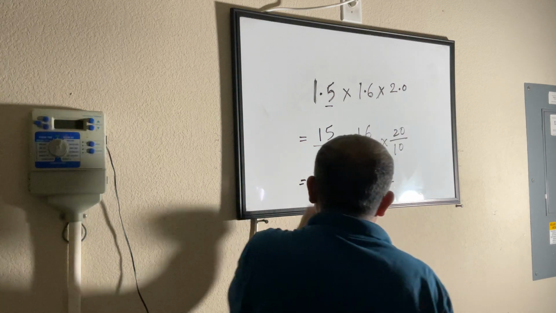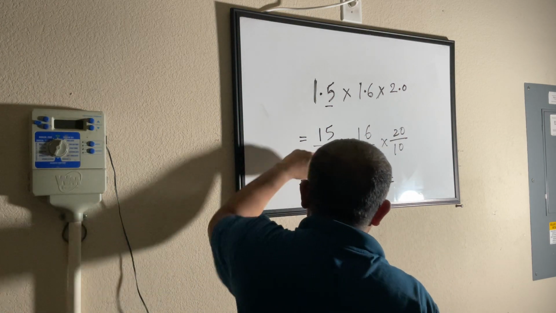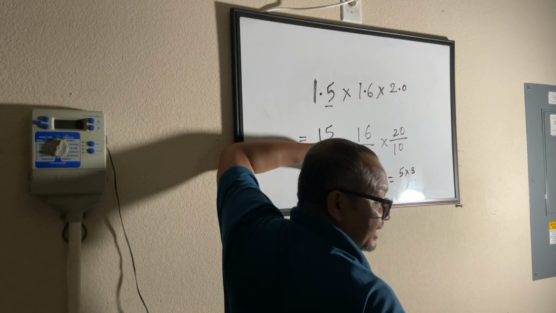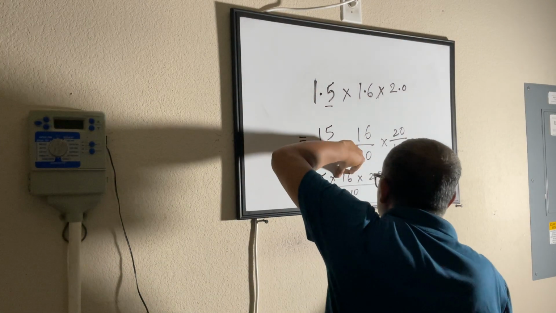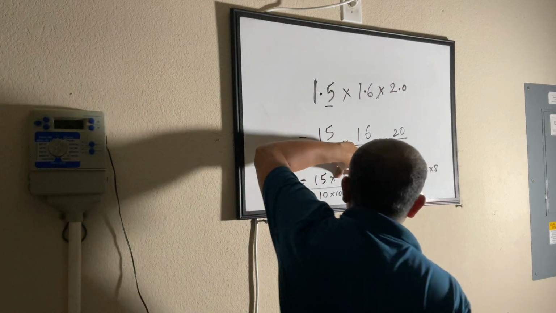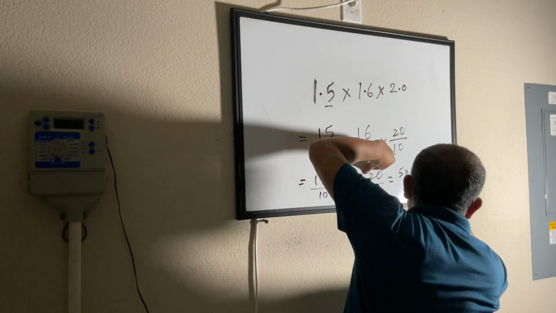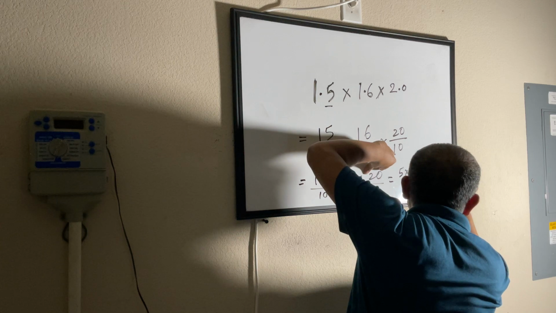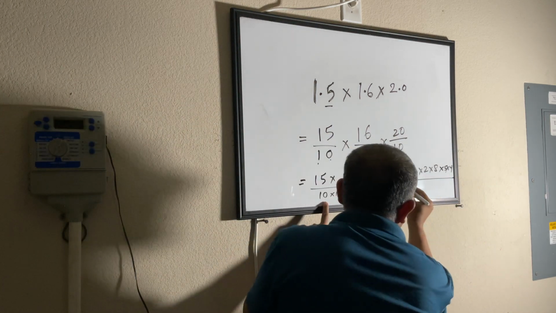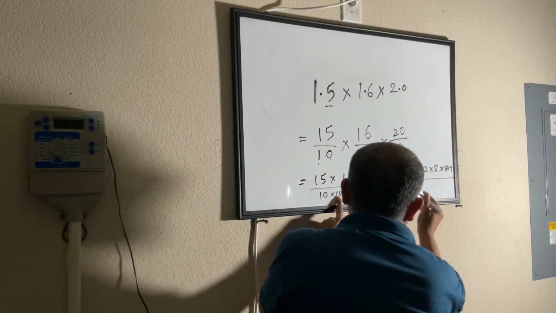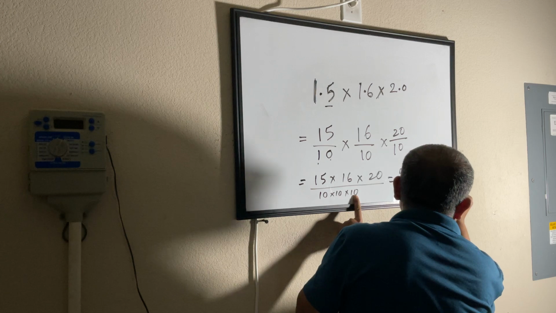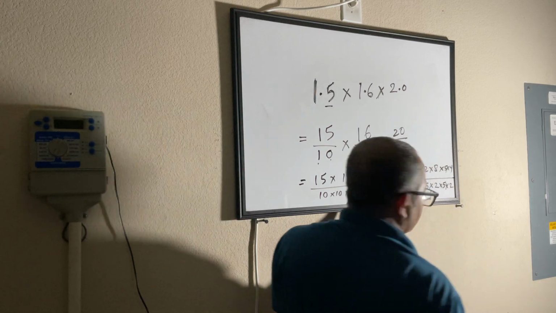Let's see if we have an opportunity to play. 15 I can write as 5 into 3. 16 I can write as probably 2 into 8. 20 I can write as 5 into 4. Here 10 I can write as 5 into 2. This 10 also I can write as 5 into 2. This 10 also I can write as 5 into 2.